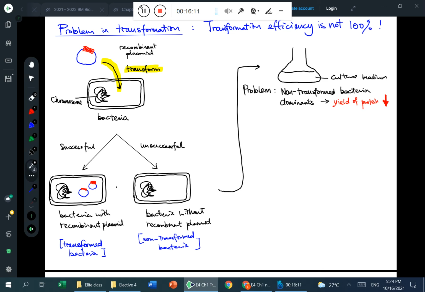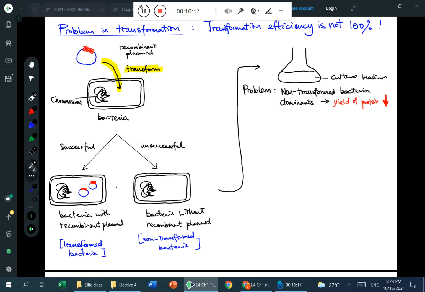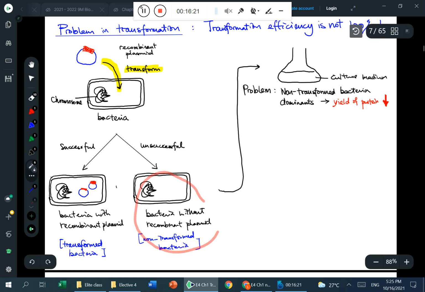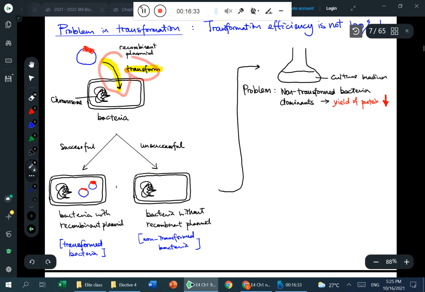Think about the natural selection process. Even if you raise the transformation efficiency to a very high level, as long as it's not 100%, these non-transformed bacteria will eventually dominate. So it can't work. Not to mention that this is a very random process. We can try to make the transformation more efficient, but it's quite difficult.